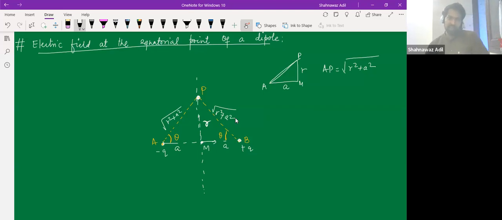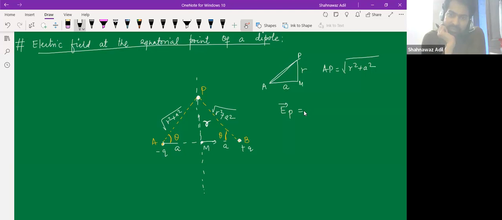Yes, sir. And how many contributions would there be if you want to calculate the electric field at point P? Sir, 3. So what are the three charges that you can see?